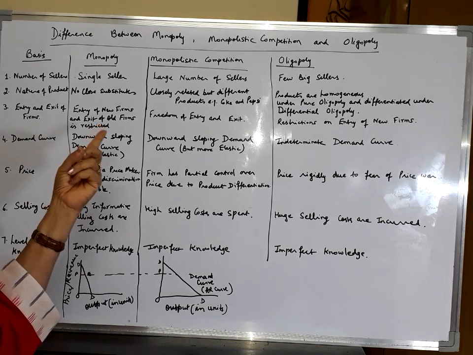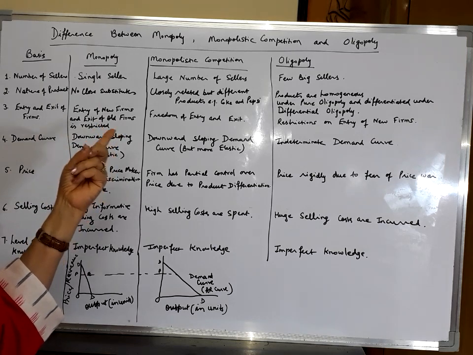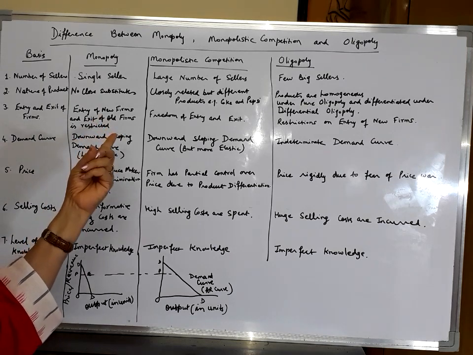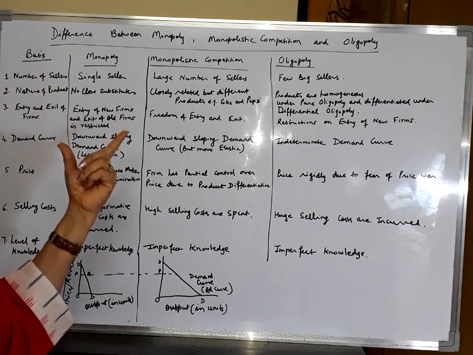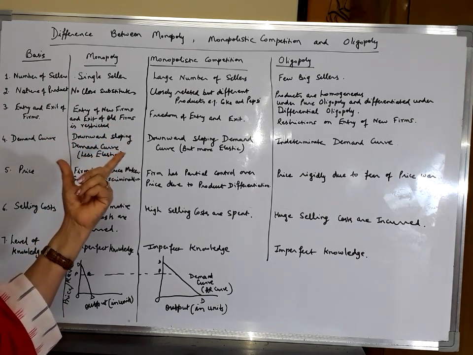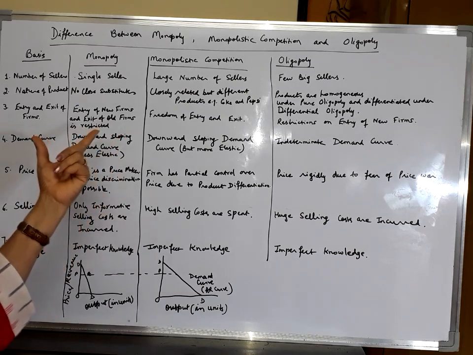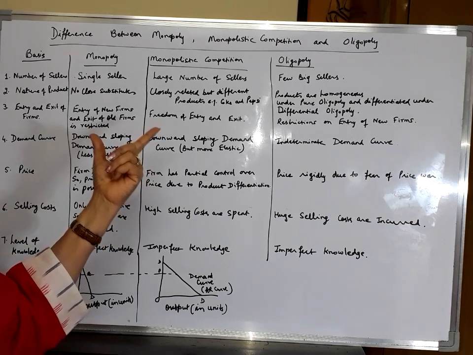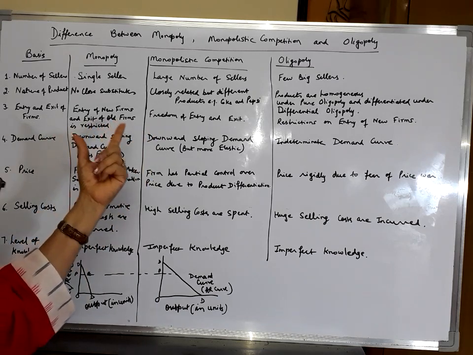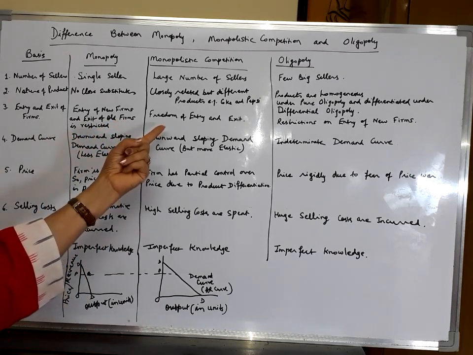Normally, the examples of monopoly are government monopolies like we have in our country with respect to railways. So, railway has been a monopoly in our country and of course, maybe in the near future they may allow competition, but so far it is a monopoly.